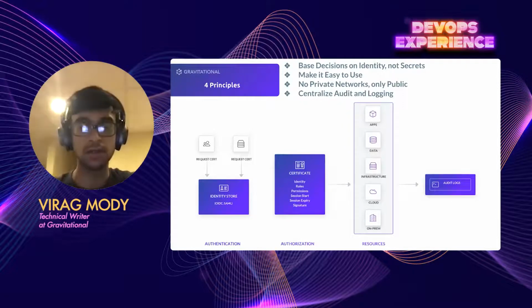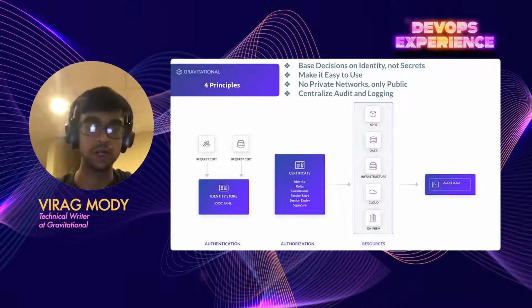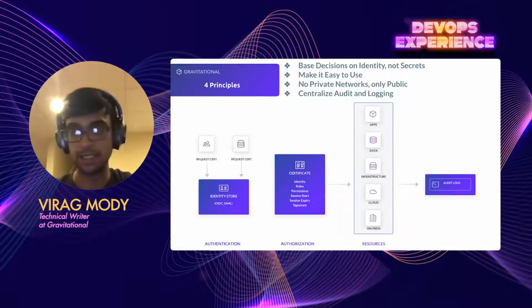The second problem that assuming no private network solves has to do with encryption. So encryption best practices will tell you to encrypt everywhere all the time, no matter what, right? Encrypt data in transit, data in processing, data at rest, all of it.